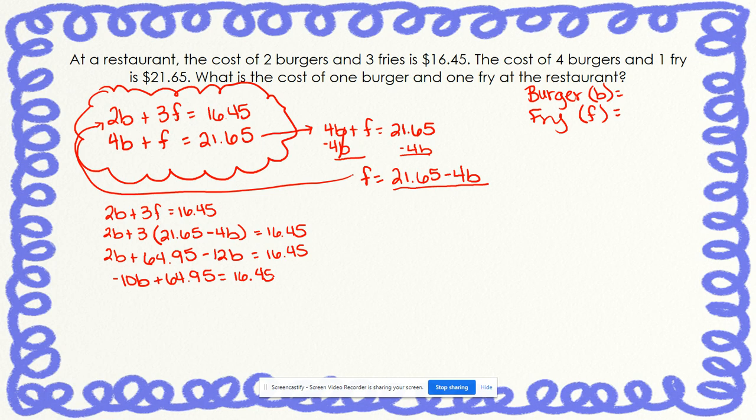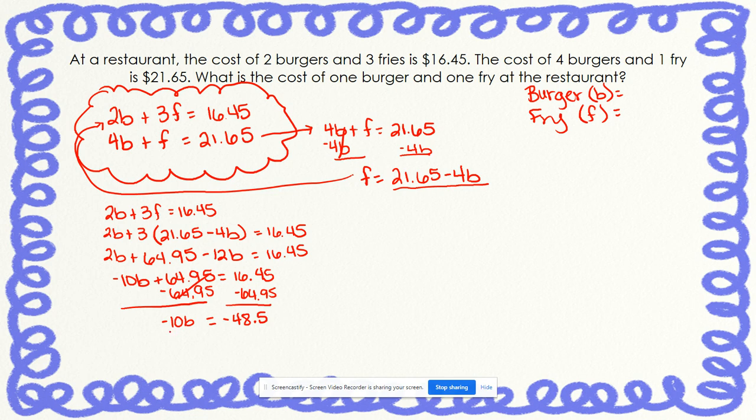Now I need to get B by itself, so I need to get rid of the $64.95. So I'm going to subtract $64.95 from both sides. When I do that, these will cancel, and I'm left with negative 10B equals, and when I do 1645 minus 64.95, I get negative 48.5.